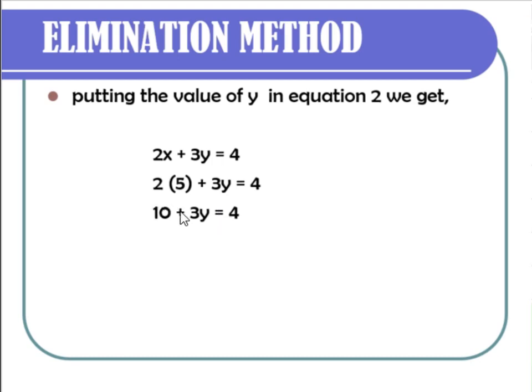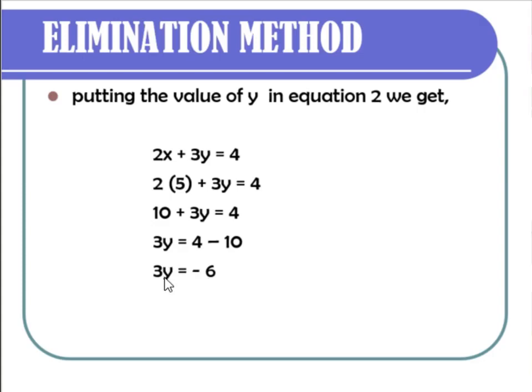Yung positive 10, by addition property of equality, ililipat natin sa kanan ng equal sign ay magiging negative 10. So, 3y is equal to 4 minus 10. Then, we'll have 3y is equal to negative 6.